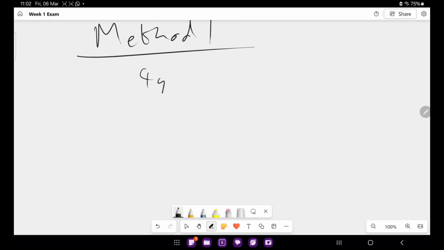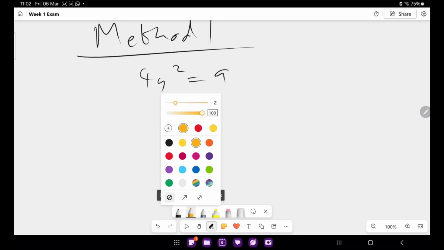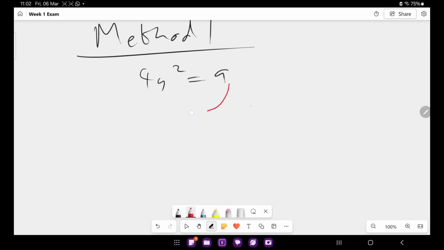We start with 4y squared is equal to 9, and then we take 9 and send it to the other side, to the left hand side. So it becomes 4y squared minus 9 is equal to 0. Then we factorize.